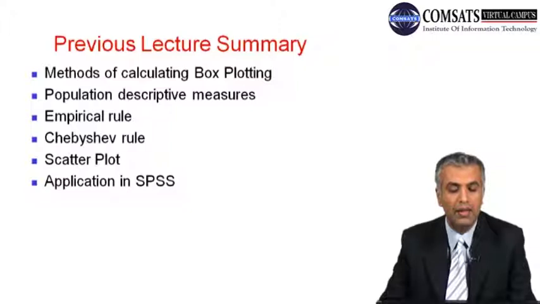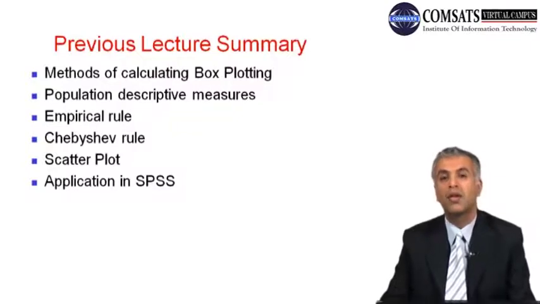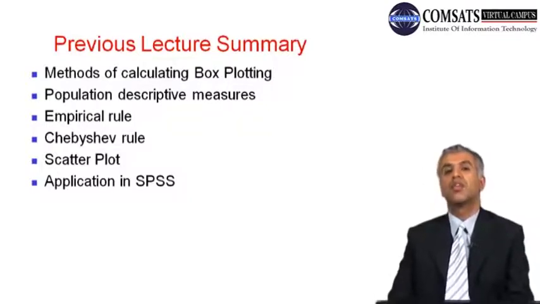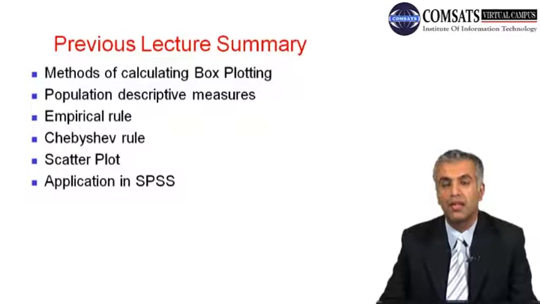Then following that, we went through the empirical rule, which is very important, because the empirical rule states that 68% of the data set will lie within one standard deviation of the data set around the mean.